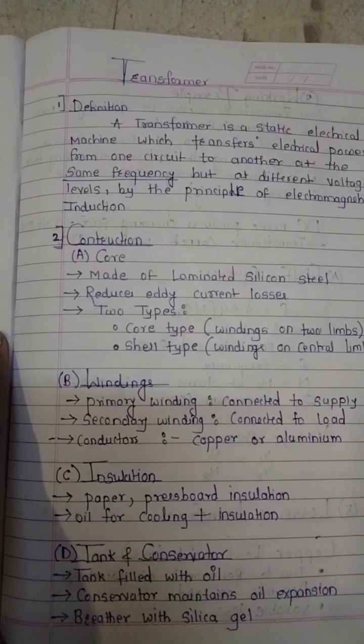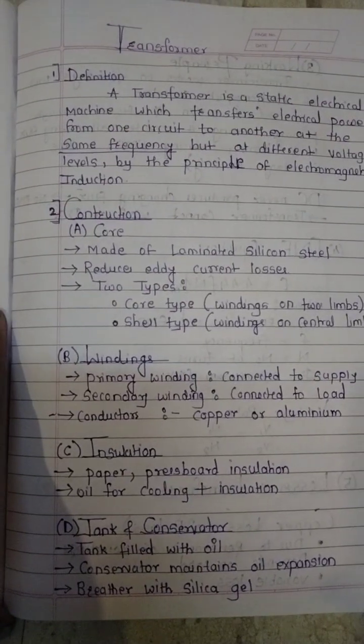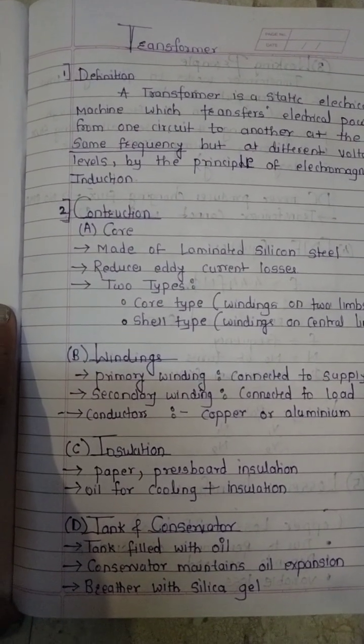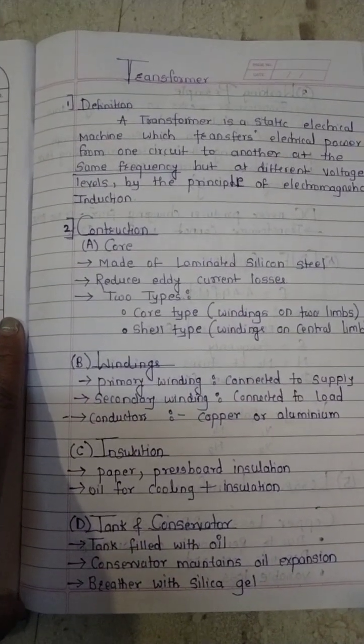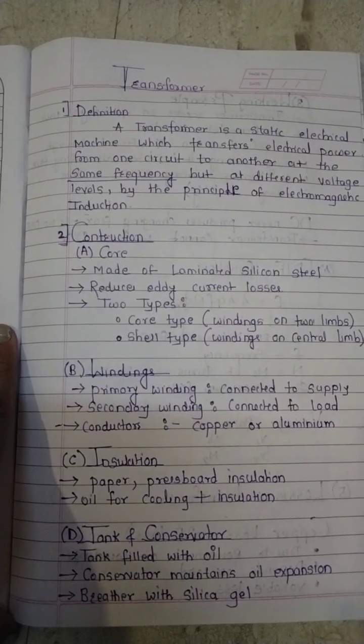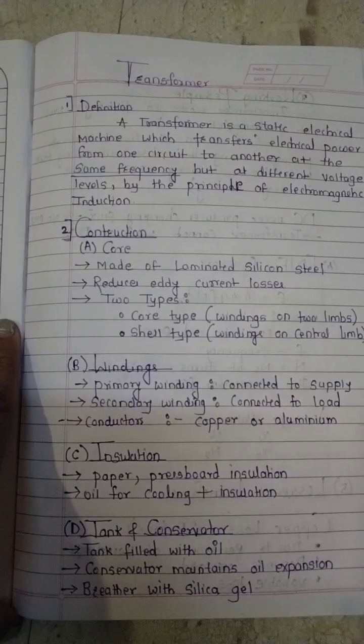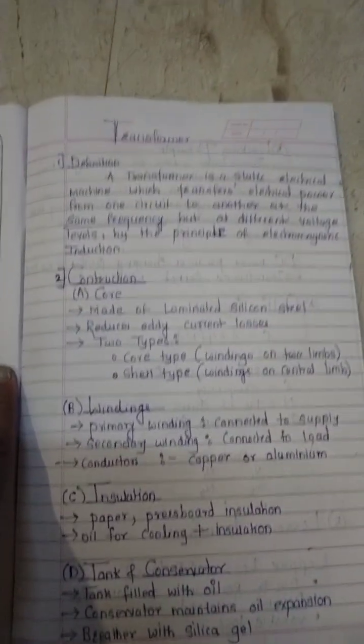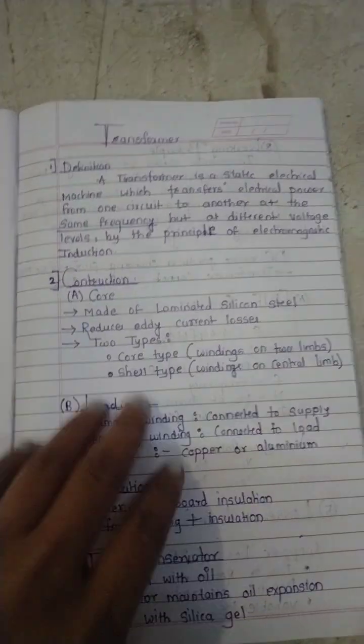Oil is used for cooling plus insulation. Tank and conservator: the tank is filled with oil. The conservator maintains oil expansion. Breather with silica gel.